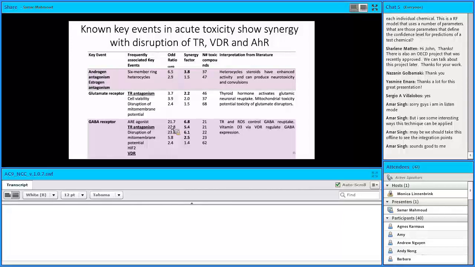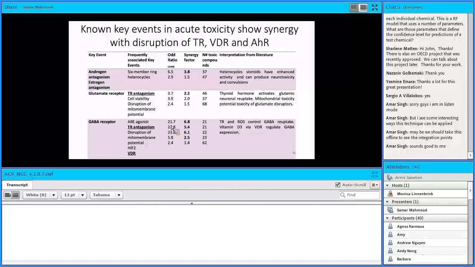However, what we observed is that if the compound is active against the androgen receptor or estrogen receptor and bears a heterocyclic ring, there is a strong association with acute toxicity and a very high likelihood for the compound to exert acute toxicity. When we tried to interpret that from the literature, we found that heterocyclic steroids have been reported to have enhanced activity and can produce neurotoxicity and convulsions, which may explain how some of these nuclear receptors, on their own, might not be explanatory of acute toxicity, but if we look at the conditional associations, we might understand better why we observe these effects.